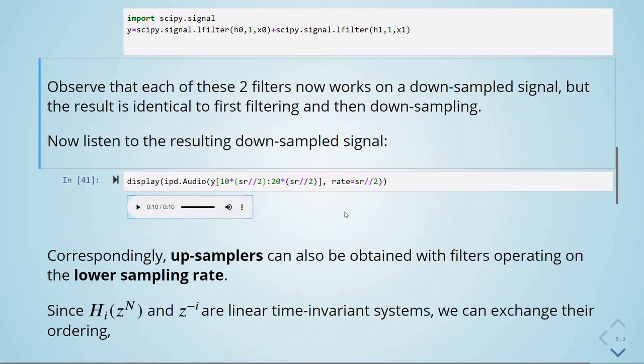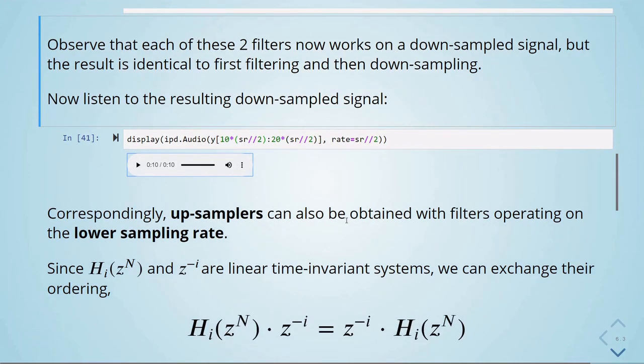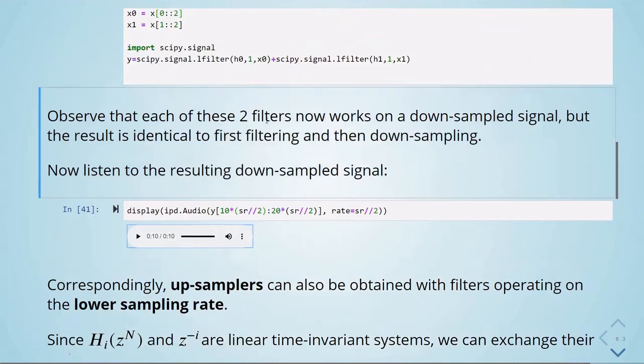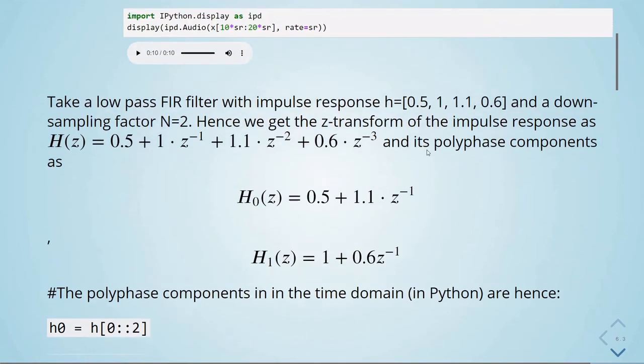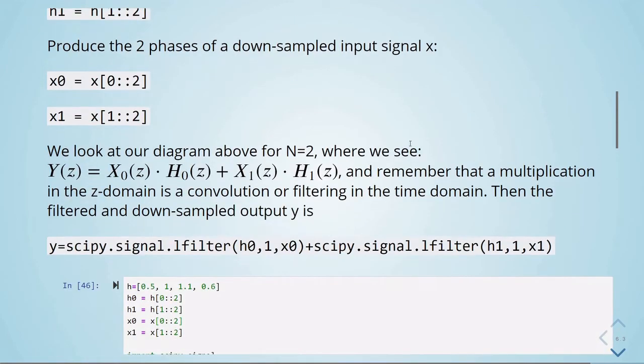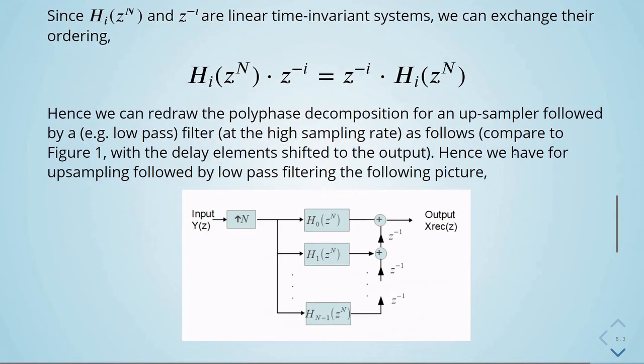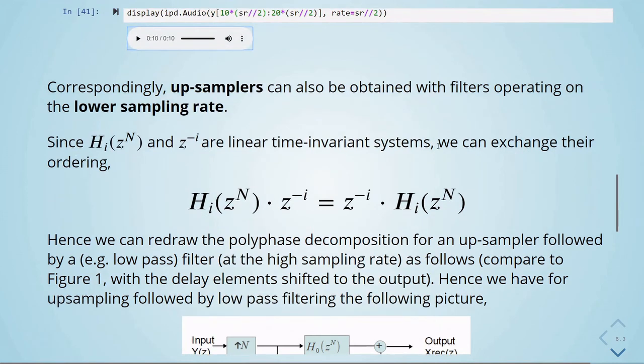Corresponding upsamplers can also be obtained with filters operating on the lower sampling rate. So we are making use of our noble identities to have filters operating on the lower sampling rate.